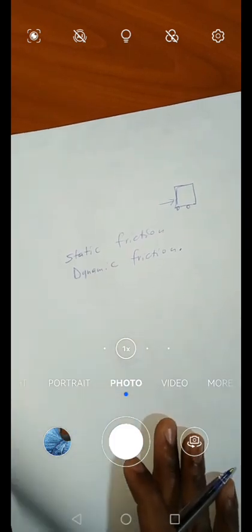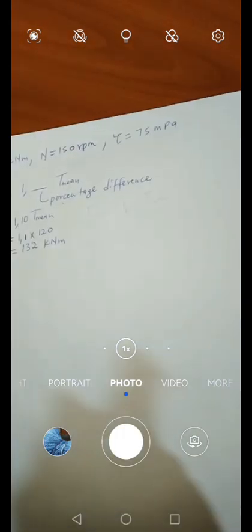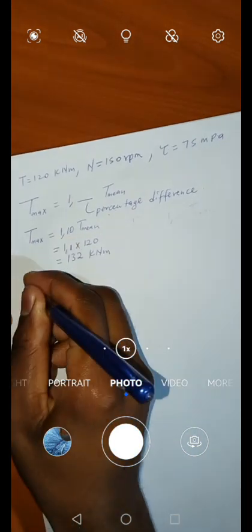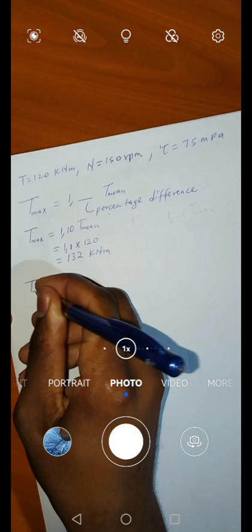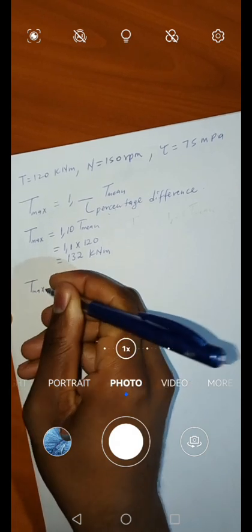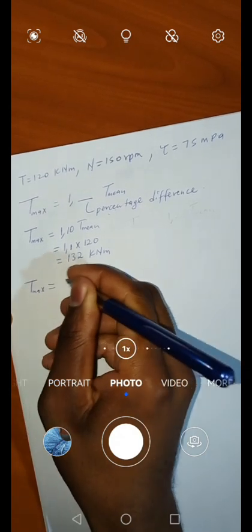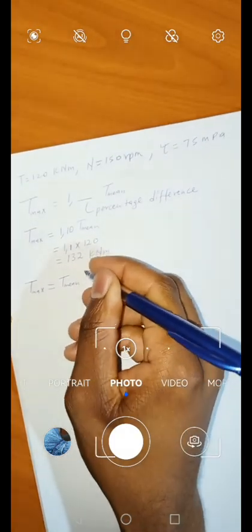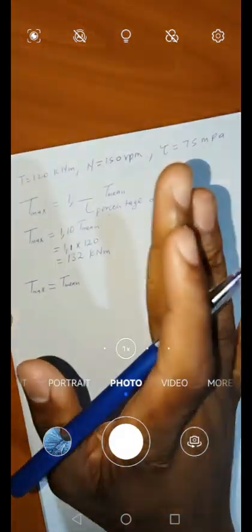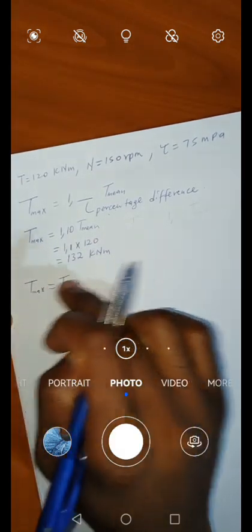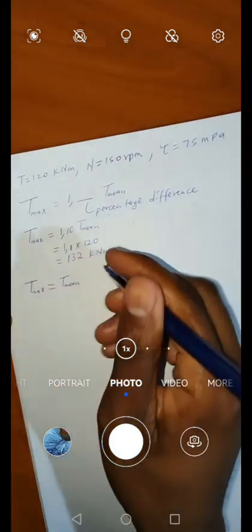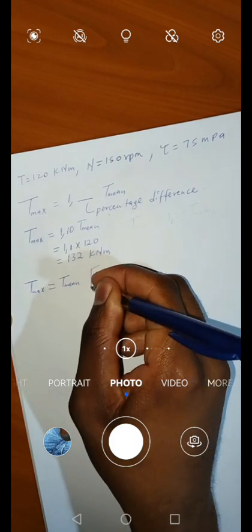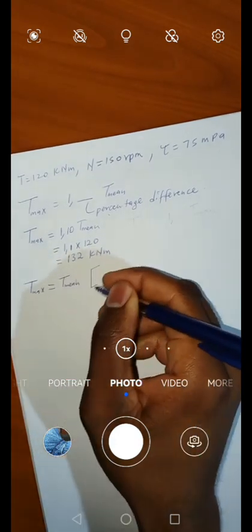Sometimes they won't tell you the percentage difference between the min torque and the maximum torque. Therefore, if they don't say anything about the difference between the maximum torque and the min torque, then you must assume that the maximum torque equals the min torque.